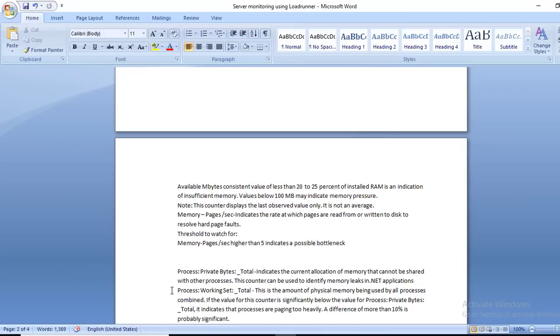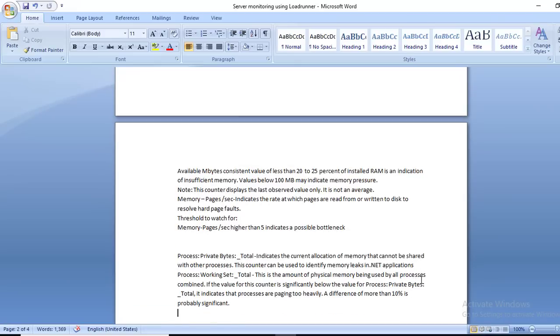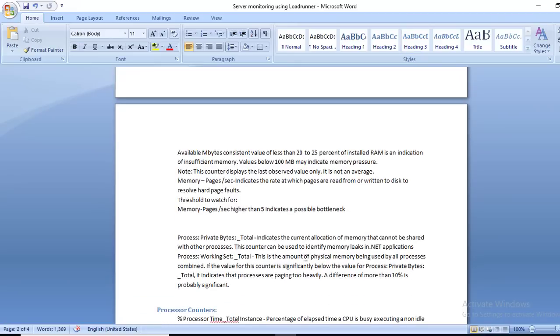Now, process private bytes total indicates the current allocation of memory that cannot be shared with other processes. The counter can be used to identify memory leaks in .NET applications. So these are counters which we need to understand and use to find out bottlenecks. A memory leak is nothing but shortage of memory in the application.